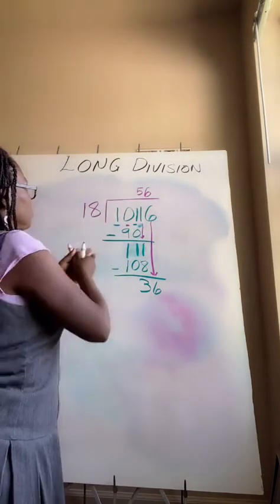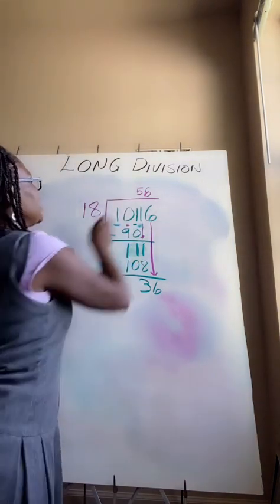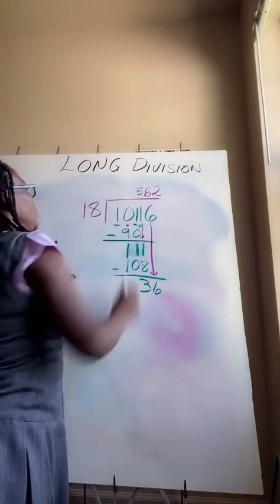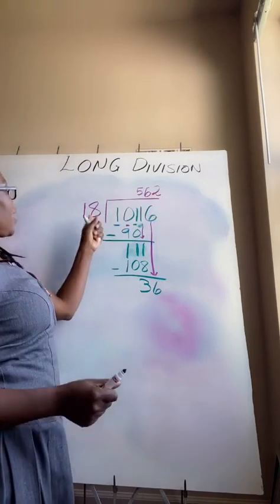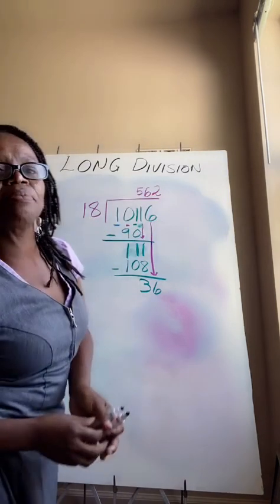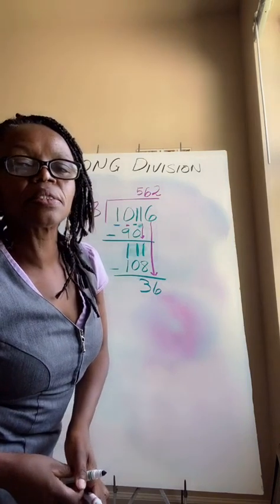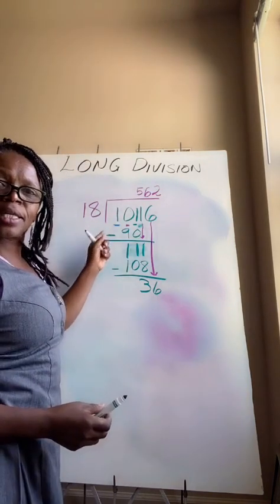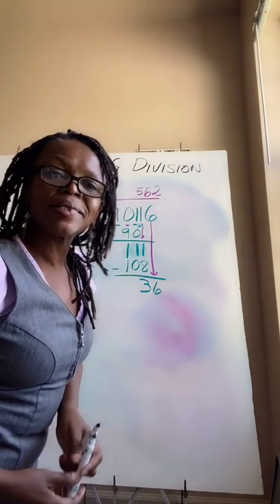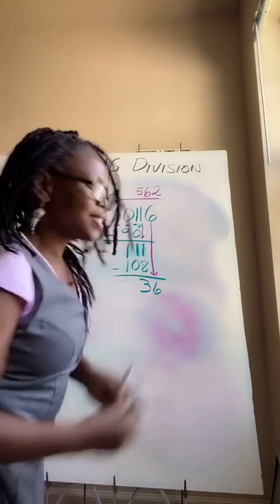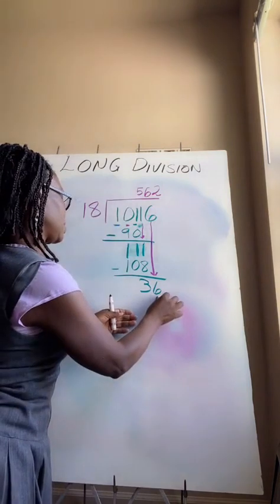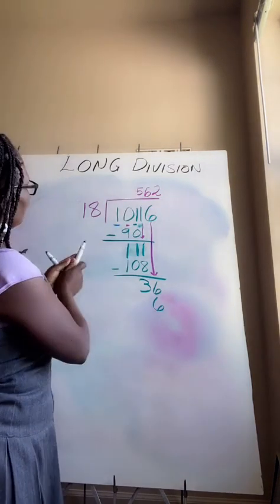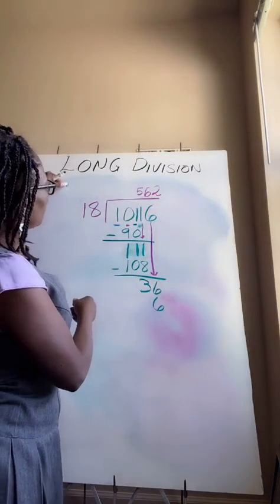Somebody said 2. What's 2 times 8? 16. And we'll keep the 1 here in the bank.